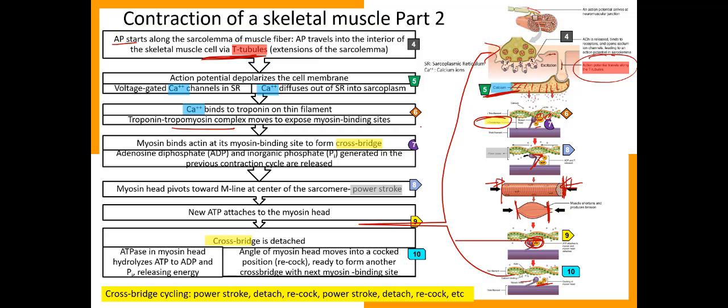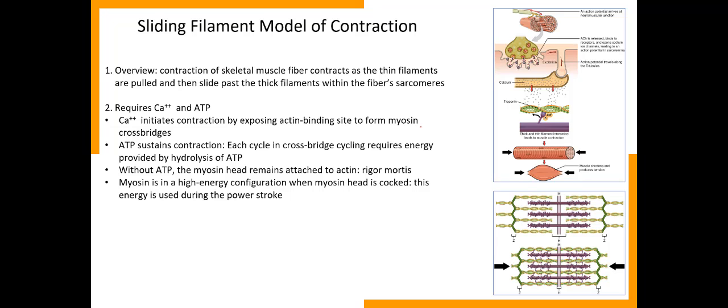So this act of the skeletal muscle contracting and shortening in length is sometimes referred to as the sliding filament model of contraction, right? Because the thin filaments slide past the thick filaments within each sarcomere. So this is a sarcomere over here, limited by the Z disc.